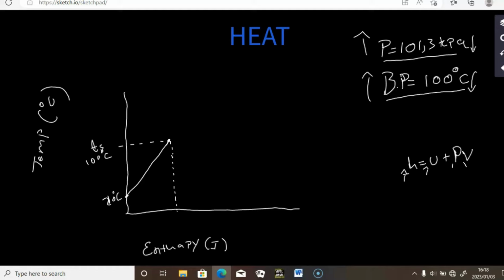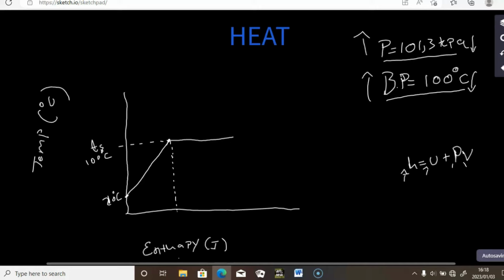And then the heat energy that is added after the water has reached its saturation temperature is now used to convert the water to steam. And we're going to have something like this, indicating that heat energy is being added. You can see that the heat is increasing, but the temperature is not increasing. Why?